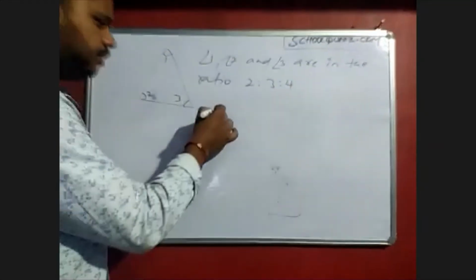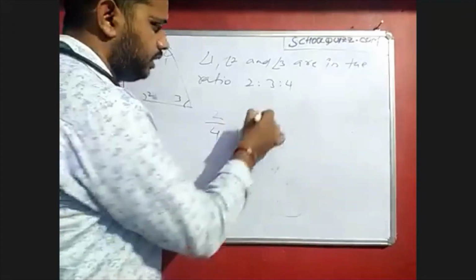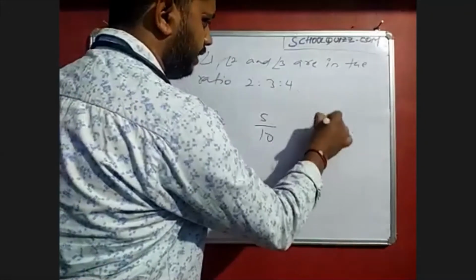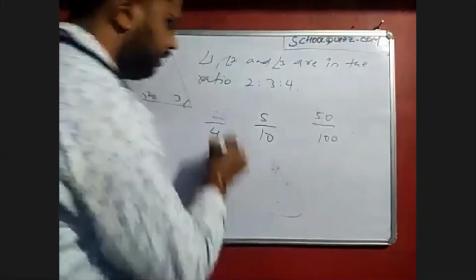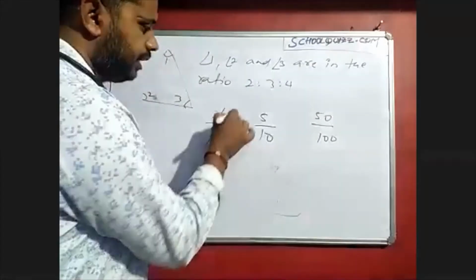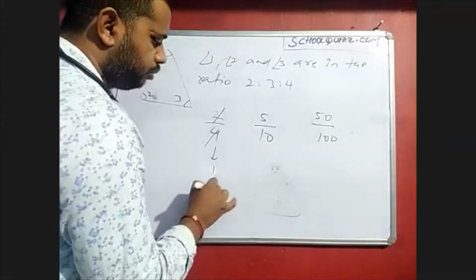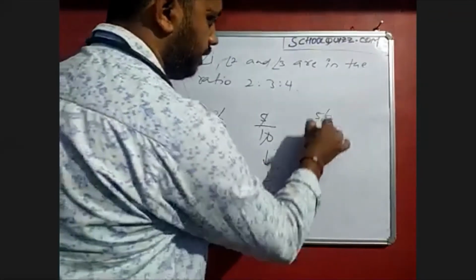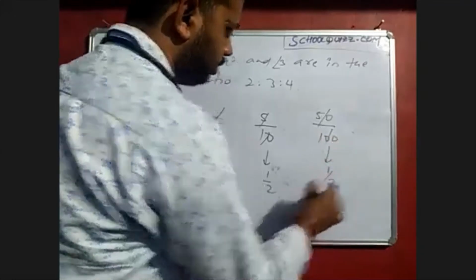Suppose I am saying 2 by 4, and 5 by 10, and 50 by 100. If I divide all these, I get the ratio 1 by 2. Here also if I divide, I get the ratio 1 by 2. Here also, 1 by 2.